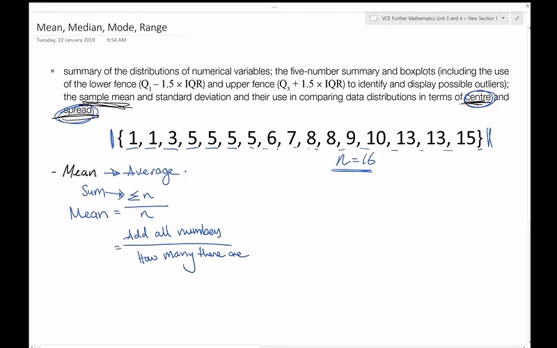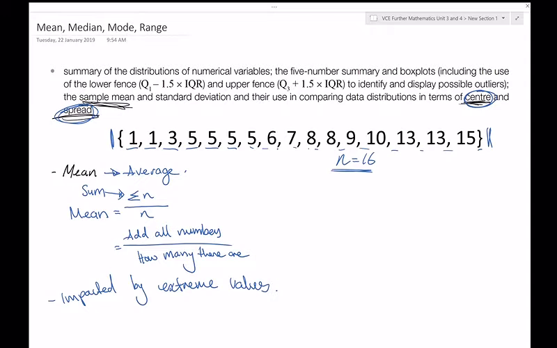But it does get impacted by extreme values. Okay, so if you had, let's say, 10 students in a class, and one of them happens to be working a very nice job for some reason or the other, and they happen to be earning a lot.